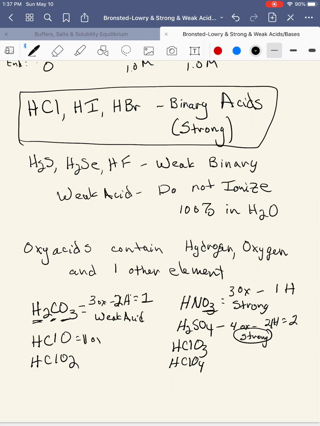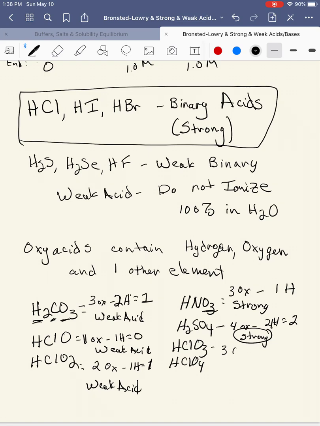Let's do it with the 1 oxygen. We got 1 oxygen, 1 hydrogen. Difference of 0, so that's definitely a weak acid. Here, 2 oxygens, 1 hydrogen, difference of 1, weak acid.